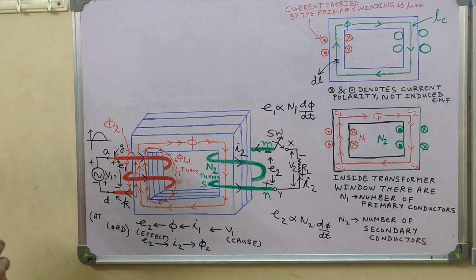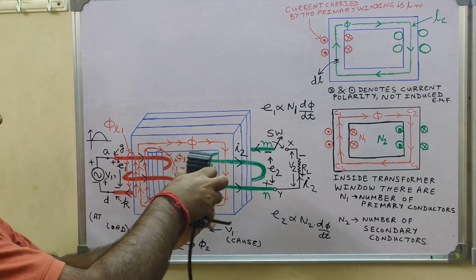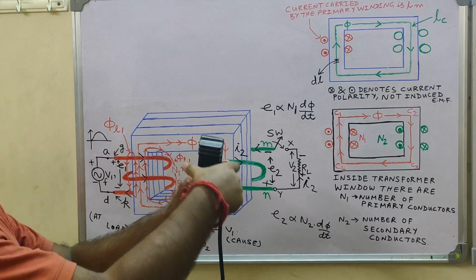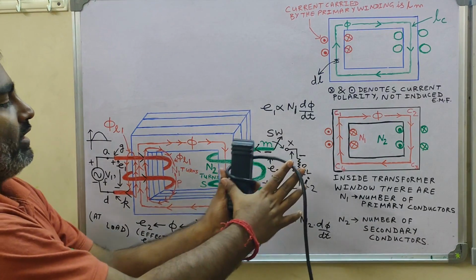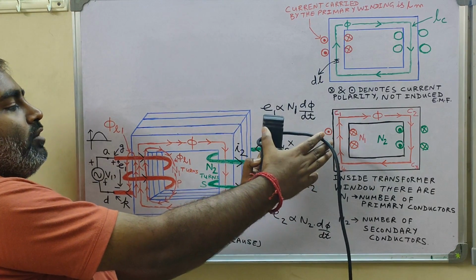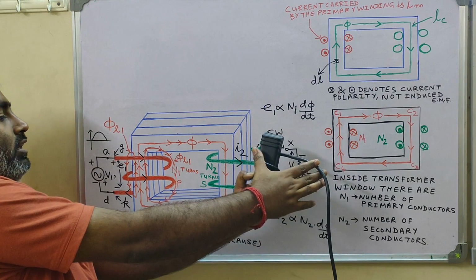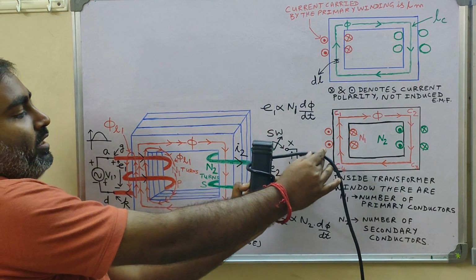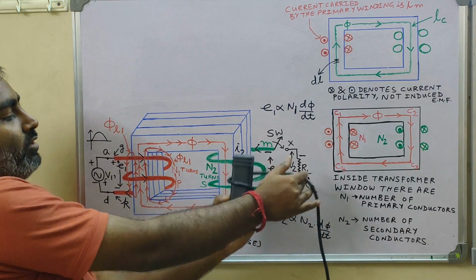Let me indicate once more in case somebody has missed it. You just need to carefully compare these two things. This is the limb around which the secondary coil is wound. This green color is the secondary coil and this is the limb. You can compare, this is the terminal M which is shown for the secondary coil.